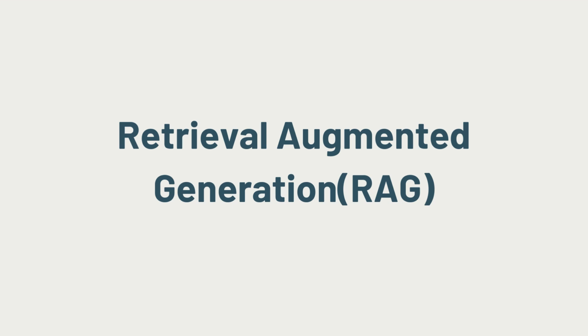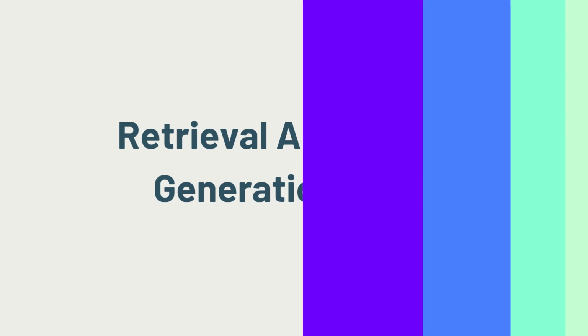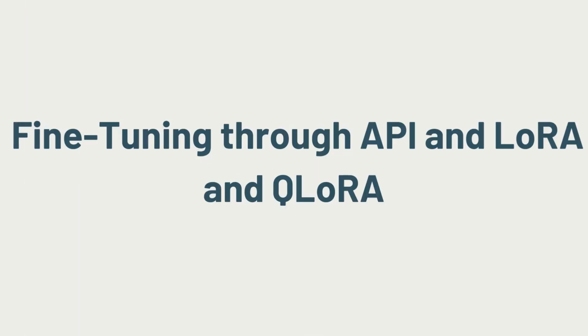The next topic we want to go through is fine-tuning through APIs and techniques like LoRA and QLoRA. So fine-tuning is one other technique that is used to add additional knowledge to an LLM. But in fine-tuning, the underlying model's parameters change, unlike the RAG system, which only adds additional knowledge externally.